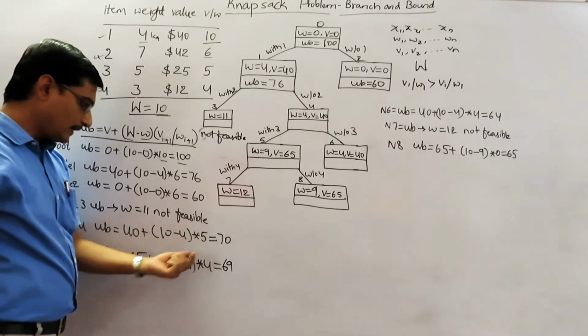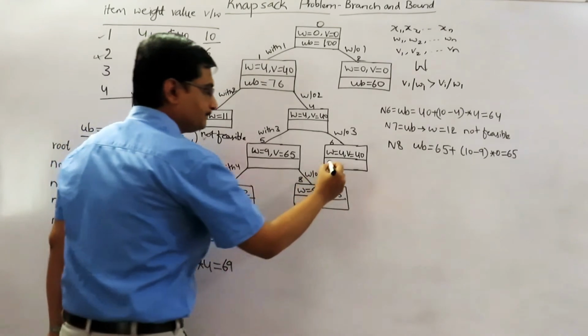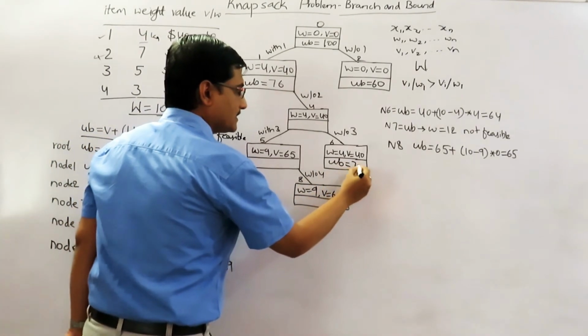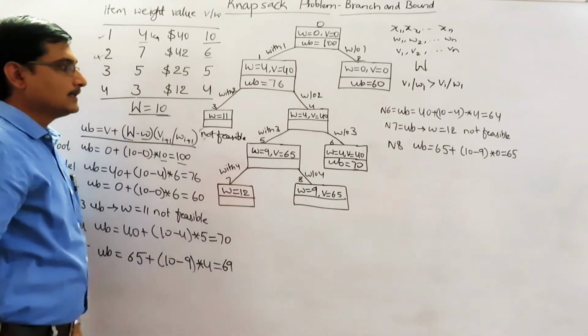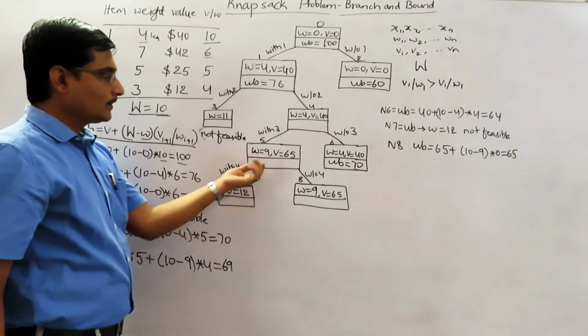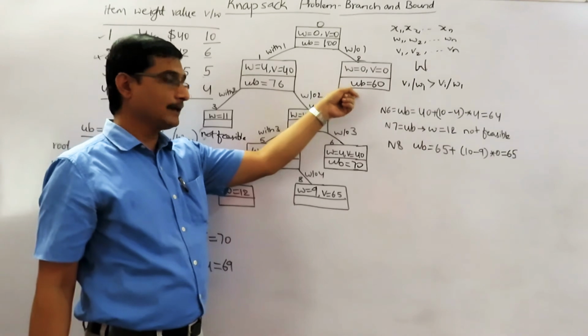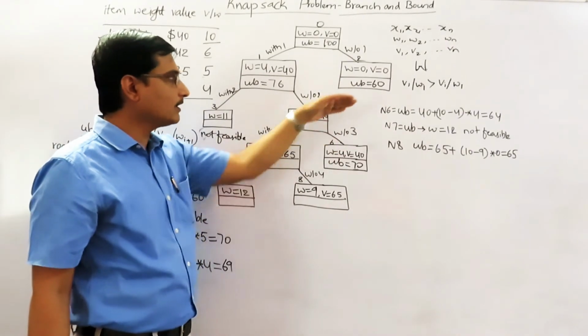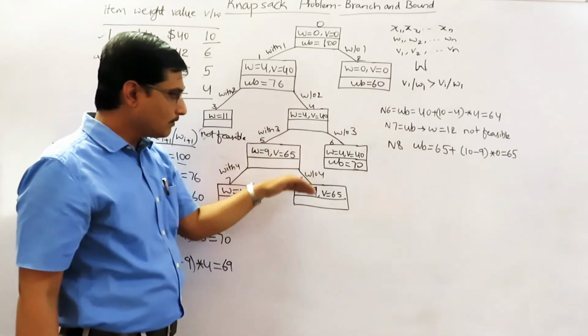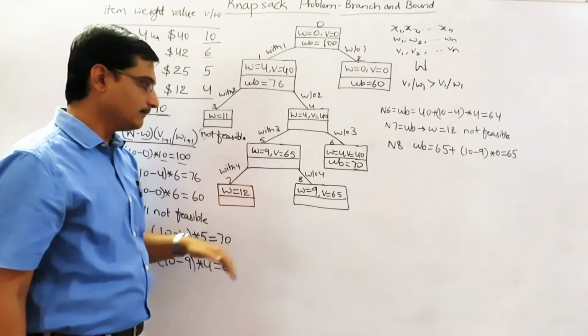That gives us 70. So the upper bound will be 70. See that the other node is 60 and this is 70, which is greater than that value. So we will not go for that one now; we will have to go further for this value.